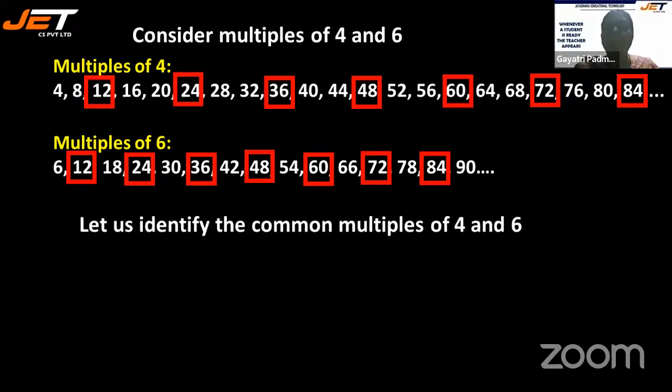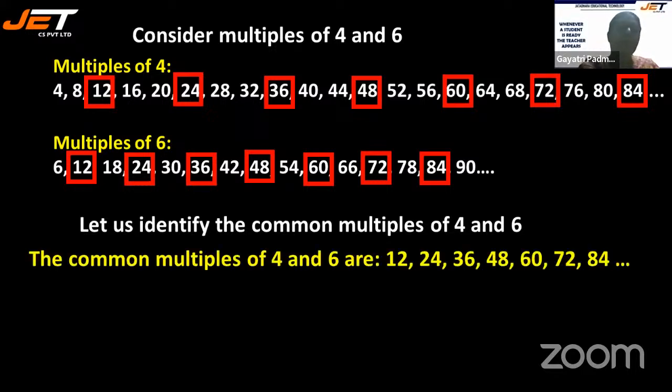I'm sure all of you are understanding this. This is the basics, and without the basics, the next step in mathematics would be a little difficult. So let us understand the basics before we get into the problems, that is sums. All right. So the common multiples of 4 and 6 are whatever is being highlighted, we are just writing, right? So 12, 24, 36, 48, 60, and so on.